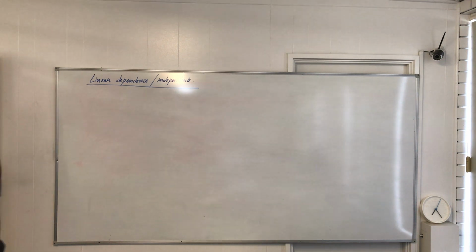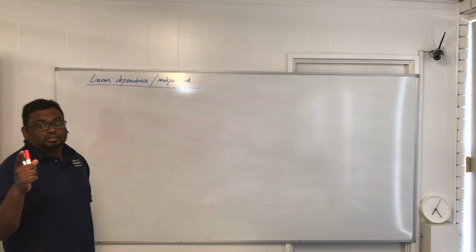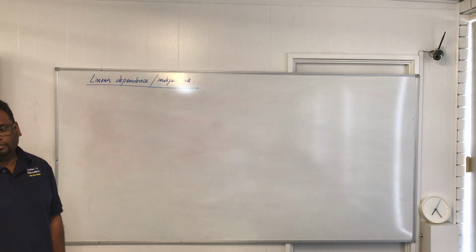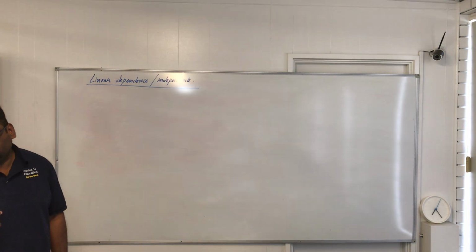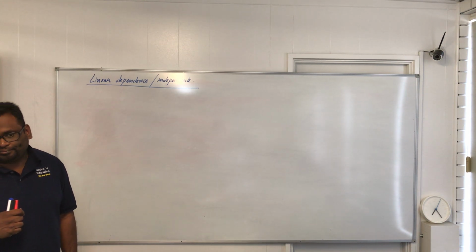Linear dependence and independence. That's what I was saying. Look at this. You know how for that question 10, x and y is the halfway point? Could you not just say A plus B divided by 2 is x y?